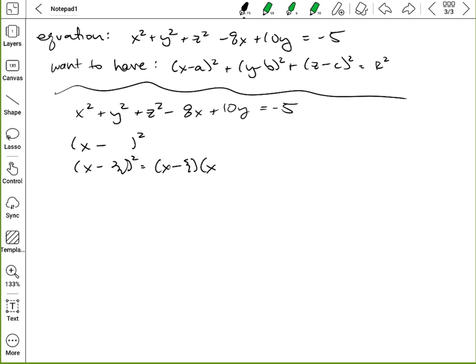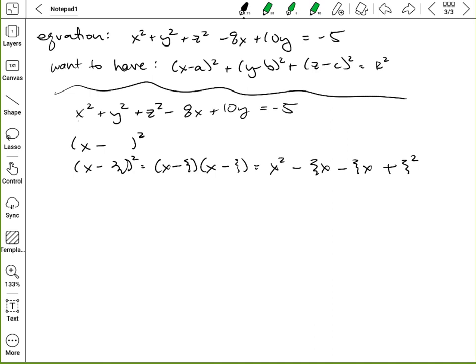x minus that number times x minus that number. I'm going to get an x squared term, and then I'll get minus x times that number, minus x times that number, plus that thing squared. And what's important is that my x squared already matches.